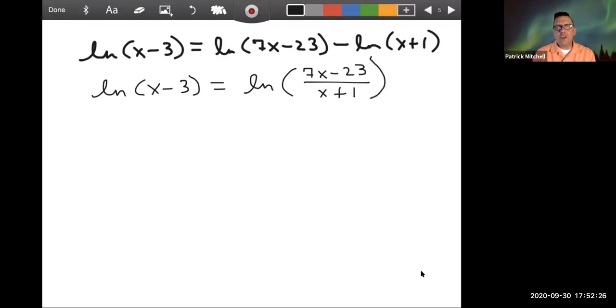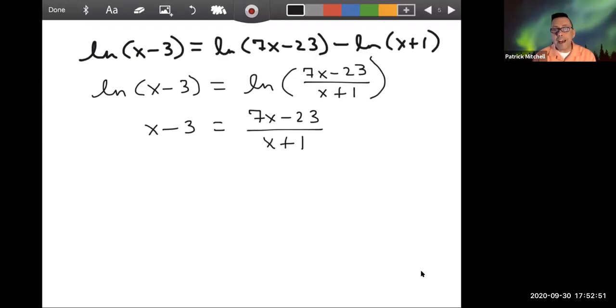All right, and then this one-to-one property of logarithms says basically if log this equals log this, in other words, x minus 3 has to equal 7x minus 23 over x plus 1.